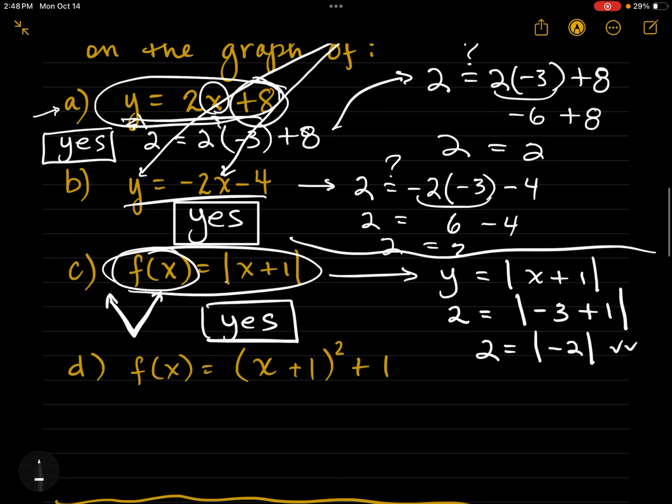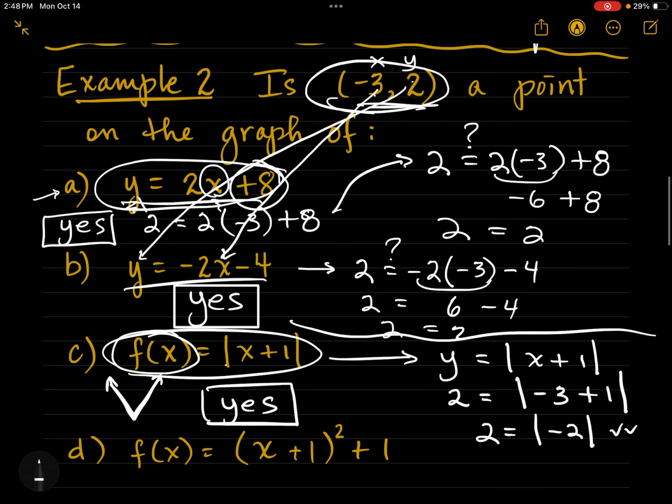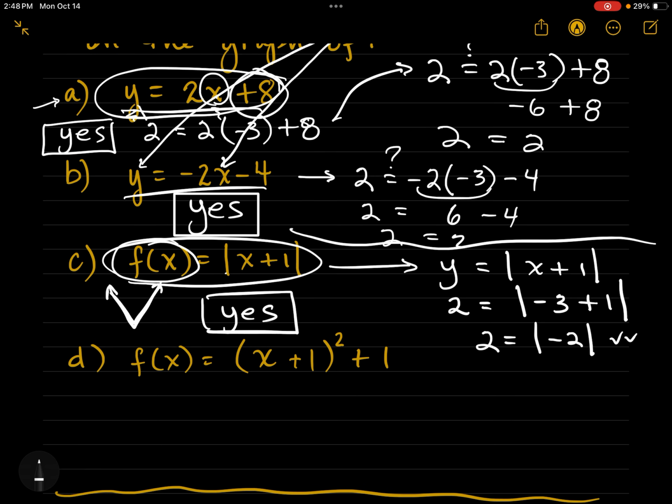Let's see if negative 3, 2 falls on this parabola. 2 substitutes for y, negative 3 for x.